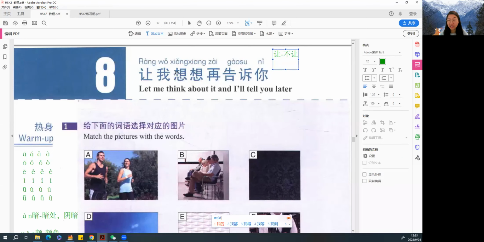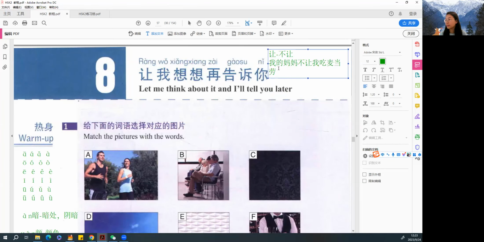So 我的妈妈不让我吃麦当劳. So my mom doesn't allow me to eat McDonald's. So it's let somebody do something, allow somebody to do something. It's 让 here.